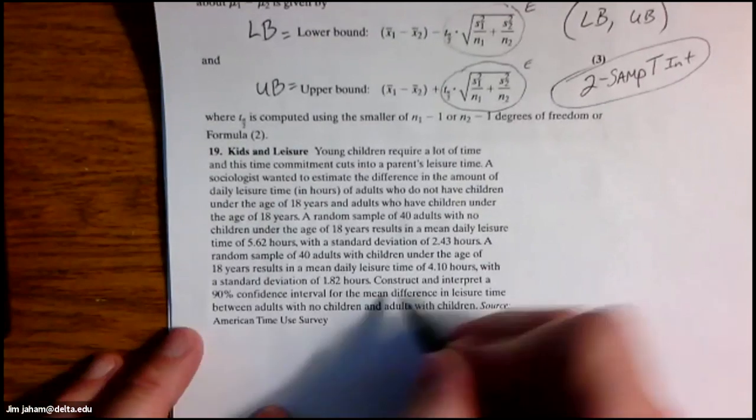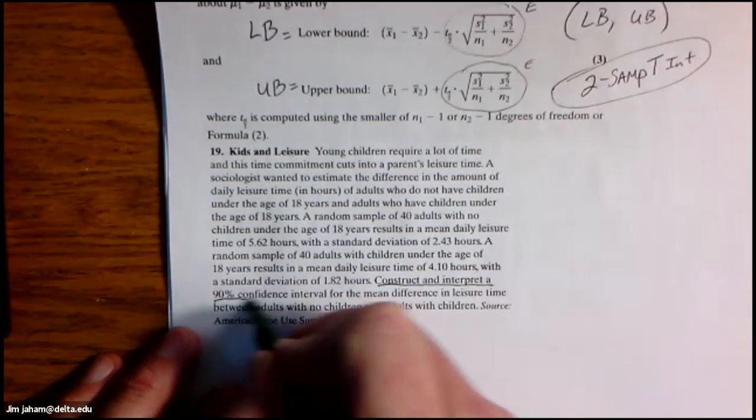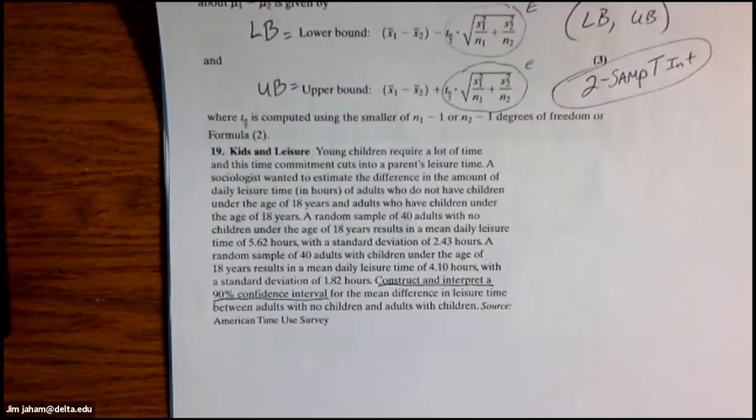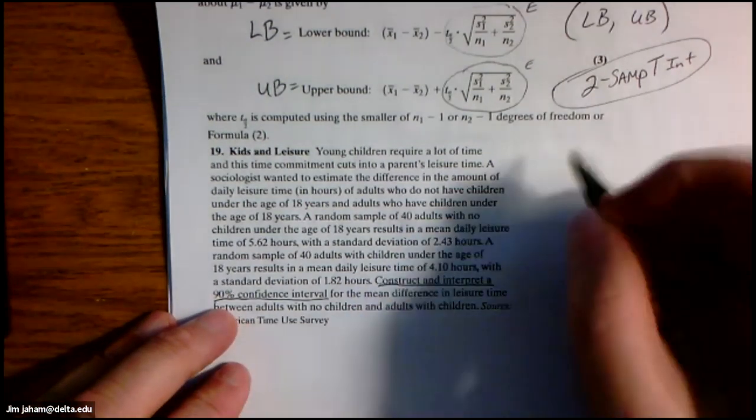All right, so this is a confidence interval problem. It says construct and interpret a 90% confidence interval. Some couples choose to have children, others choose not to have children. Young children require a lot of time, and this time commitment cuts into a parent's leisure time.